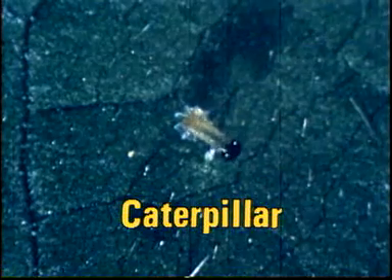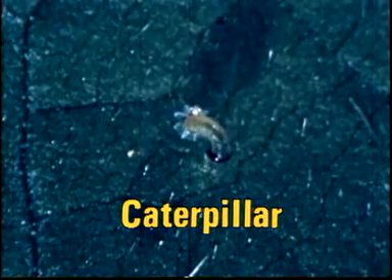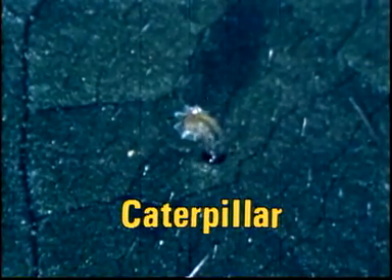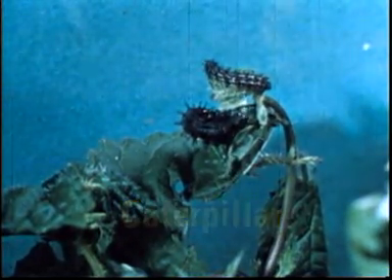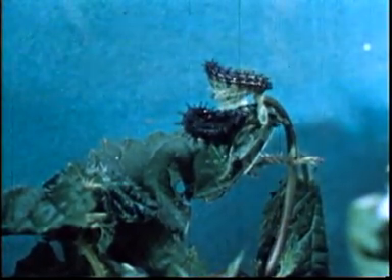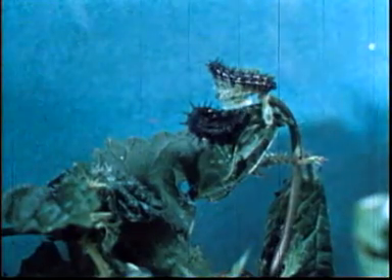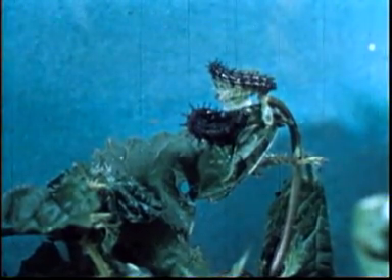A worm-like creature called caterpillar is crawling out. The caterpillar feeds on leaves. It feeds on a great amount of leaves and grows bigger and bigger.